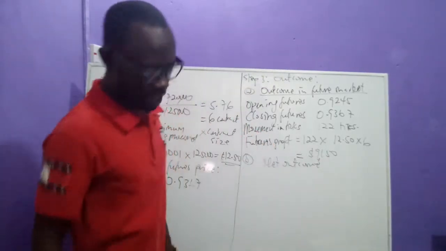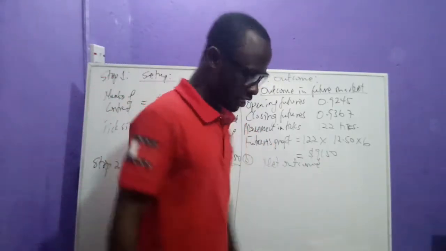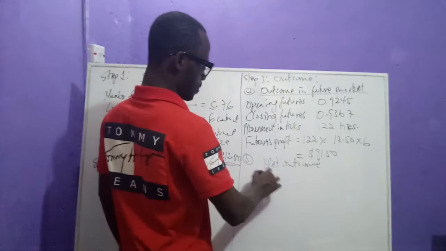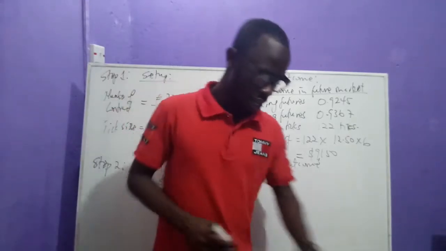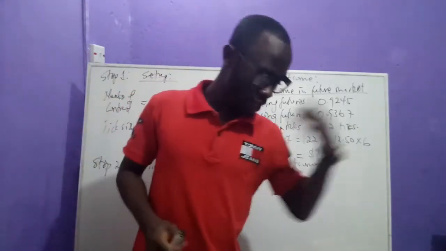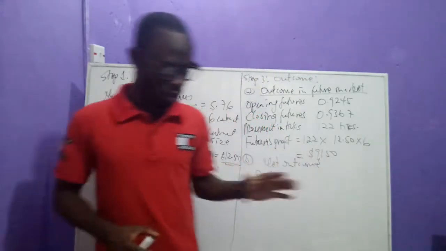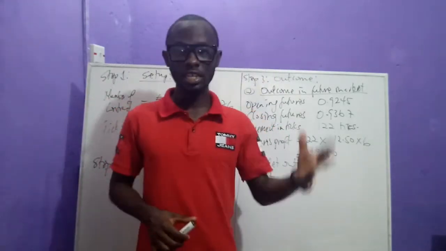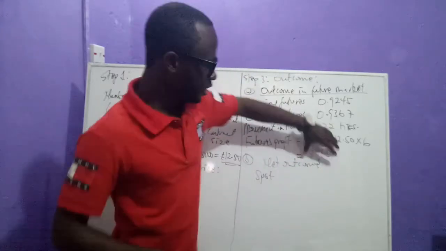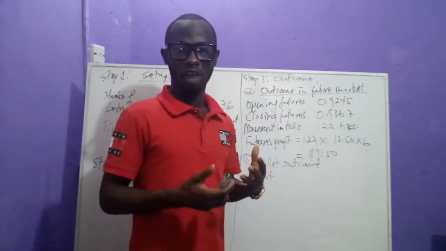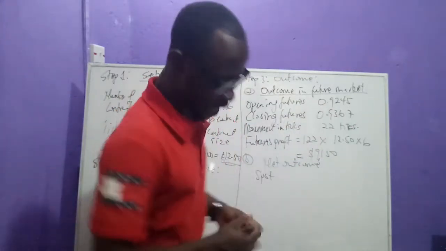So at the end of the day, when we actually pay the money, the spot rate matters, remember, because we are going to need the currency. When we sell the currency futures, we're going to have the dollars and we're going to give it out to them.